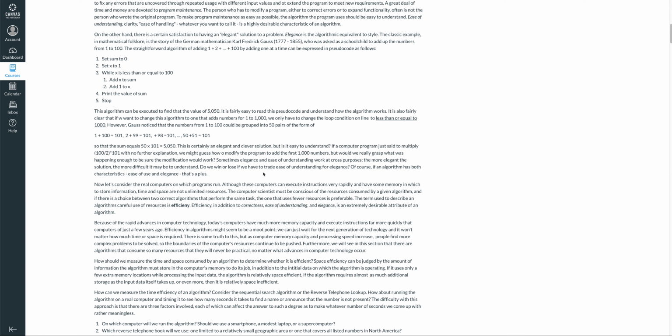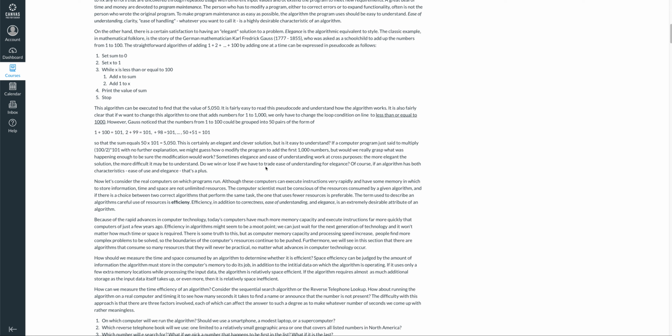I can take 100 and add 1 to it, so that's 101. I can add 2 and 99 and make another 101, and keep going down that list. He could make 50 pairs of 101. Like this, he was able to quickly calculate that the sum of all numbers from 1 to 100 is 50 times 101. So that is an elegant algorithm.